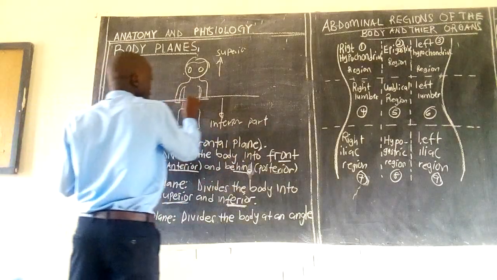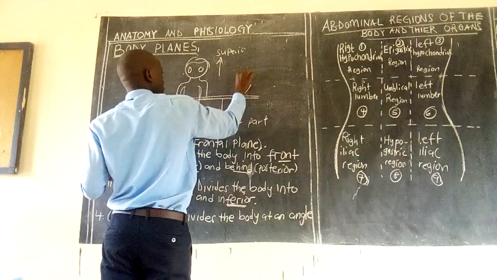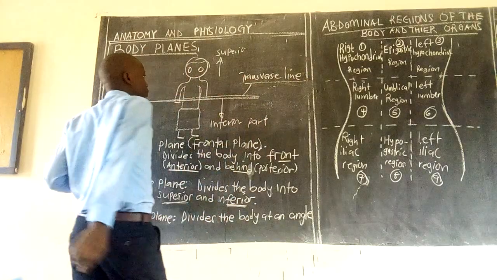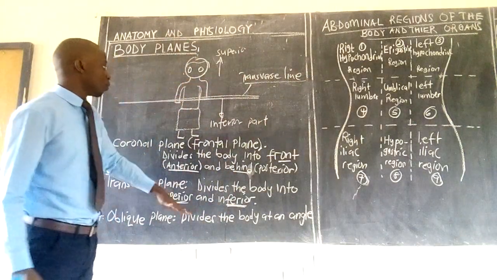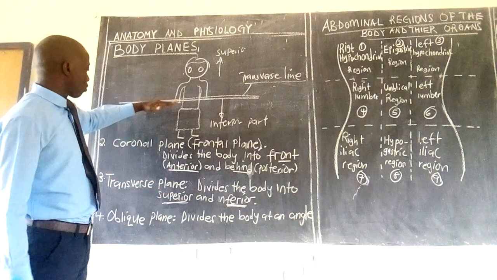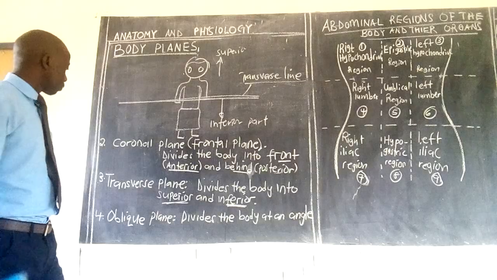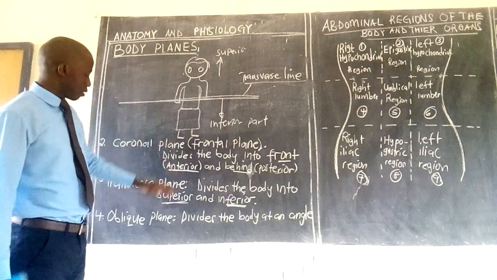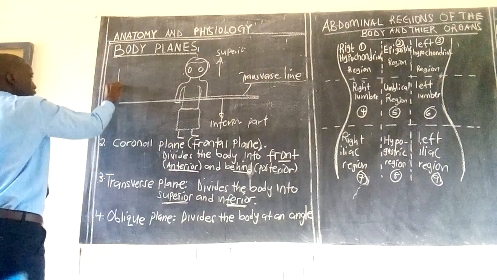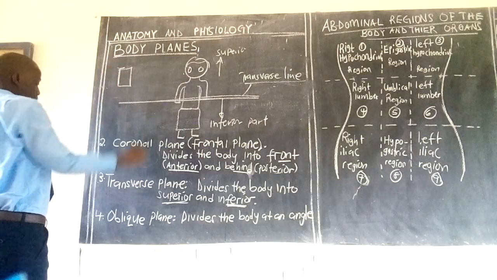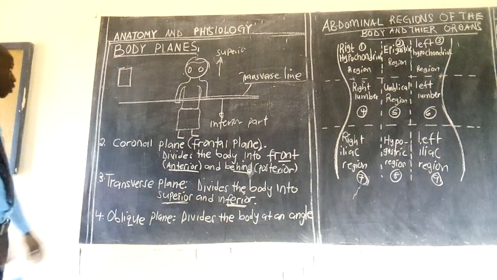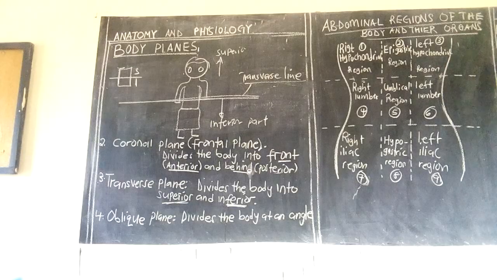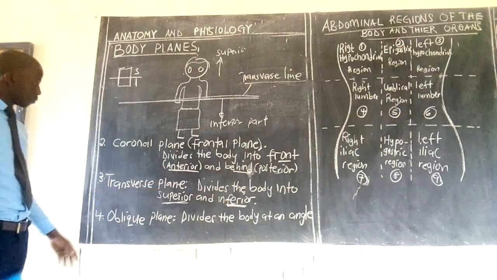So this line that dissects is what we're calling the transverse line or transverse plane. But we have what is up and what is down. That is the transverse plane. It gives us the superior and the inferior parts. So when you are dissecting any body structure and you try to count the line of dissection, the transverse plane should give you the superior and inferior parts.